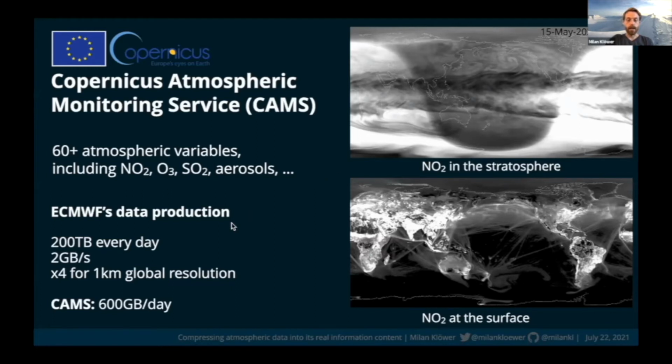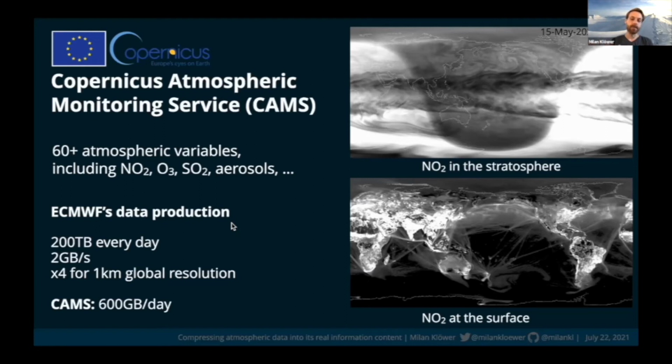In general, ECMWF produces data at about 200 terabytes every single day. That means every second there are 2 gigabytes of data produced in ECMWF's archive. This will even quadruple if we go towards a 1 kilometer global resolution model.